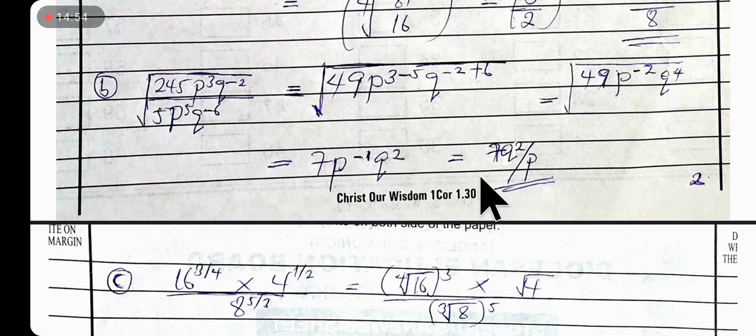Then this is going to be equal to 7 multiplied by Q, because Q here is raised to the power positive 2. But P has negative 1, and negative means 1 all over. So this is the same thing as 7 Q raised to the power 2 times 1 all over P, which will give us 7Q square all over P.